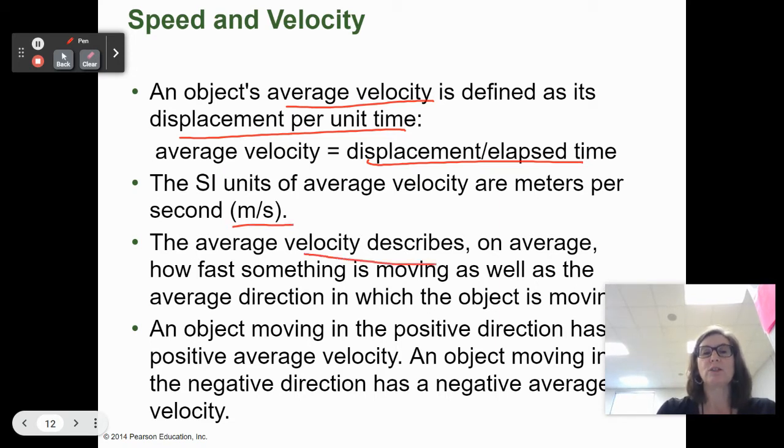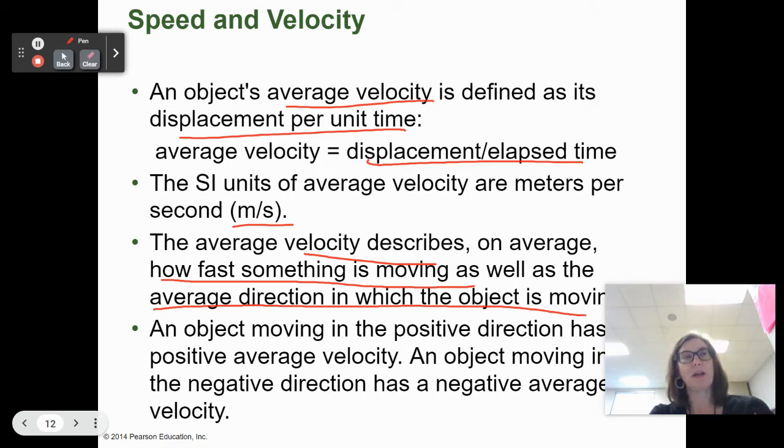Average velocity describes how fast something is moving, but here's the other big difference, it also describes the direction in which it moves. So speed is a scalar quantity, whereas velocity is a vector quantity. Okay, so an object moving in the positive direction will have a positive velocity. An object moving in the negative direction will have a negative velocity.